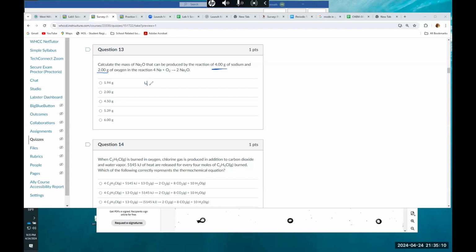So if we started off with 4.00 grams of Na, what is the atomic mass of sodium? 22.990.